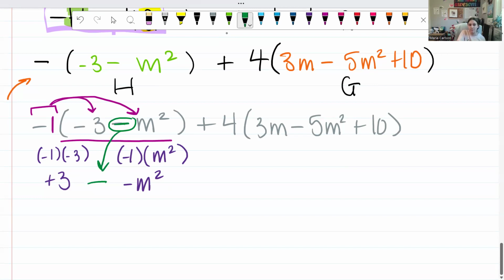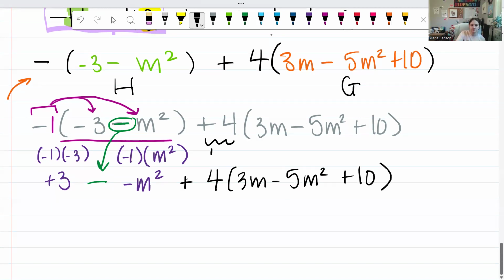So I have positive 3 minus negative m squared, and then I have this plus 4, but that plus 4 is being multiplied to another polynomial. So we can distribute that, but first I'm just going to bring it down so I have a new line to work in. So we have plus 4 times 3m minus 5m squared plus 10.